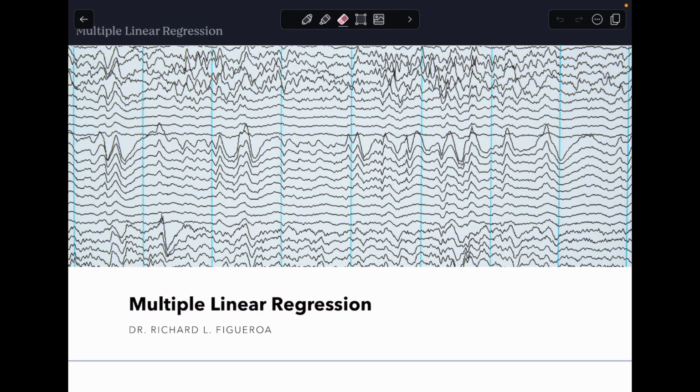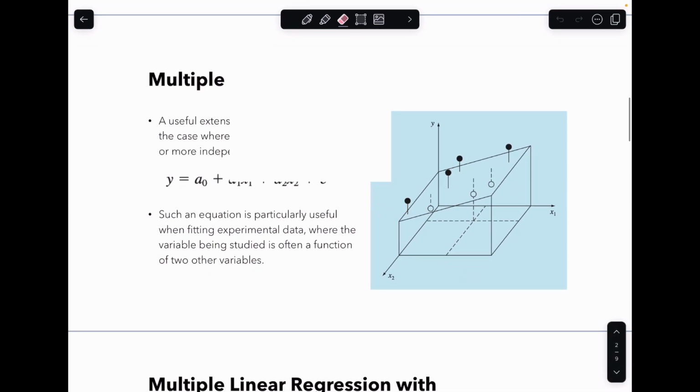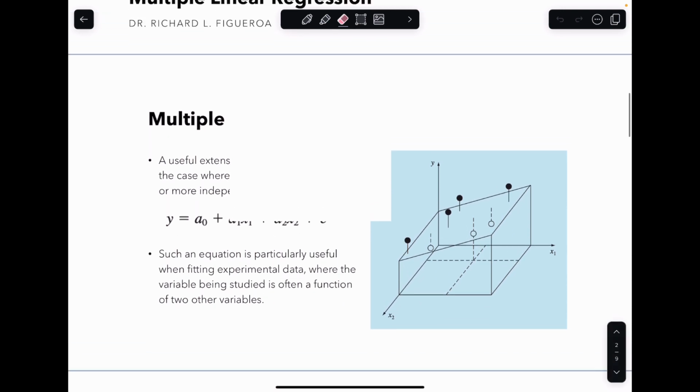Okay, hello. So we're now on our last discussion for the final, which is about multiple linear regression. If we could still recall, for linear regression, the dependent variable depends on a single independent variable.